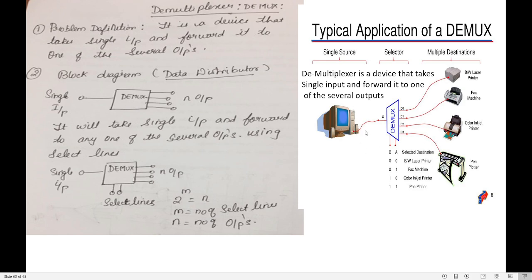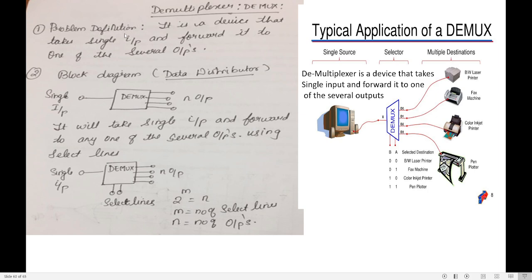The input coming from the computer or desktop, to which device it needs to go, whether a laser printer, fax machine, inkjet printer or pen plotter, is decided by the demultiplexer with the help of select lines. The select lines will tell whether this input has to be forwarded to D0, D1, D2 or D3. This is decided by the selection lines.